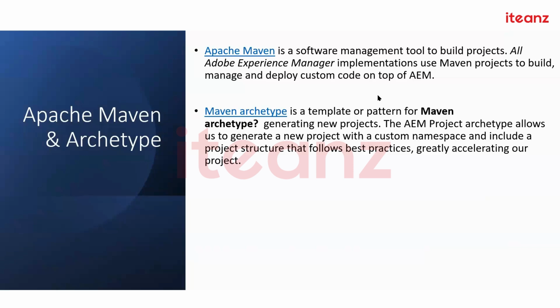Whenever I'm developing any new application, maybe I got a new client, and they have asked me to create a new application because they want to switch to AEM. I'm creating a new application in AEM.